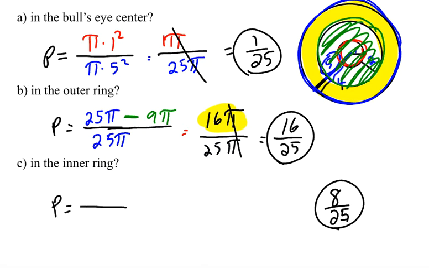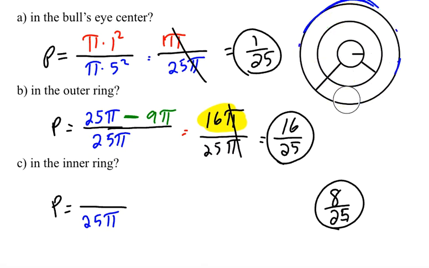Of course, the denominator should have been 25 pi still. The numerator changed. At this point, we've calculated the area of all of our circles. It's a visual thing. You have to recognize that what I'm talking about here, and of course I erased all my numbers, but that's okay, is the shaded region here, which was, if you think back to a second ago, my green circle minus my red circle, which I'm subtracting away.